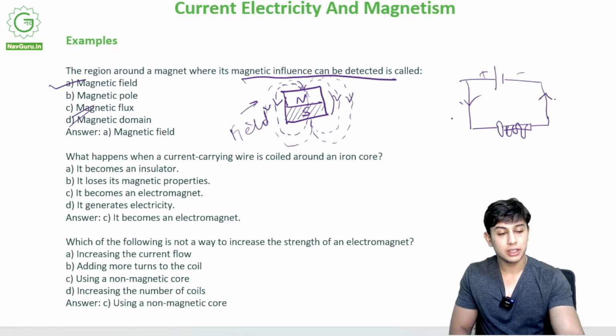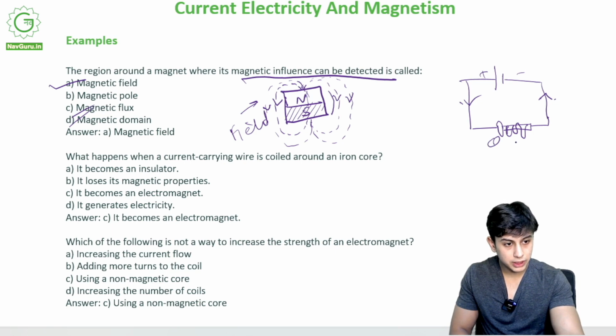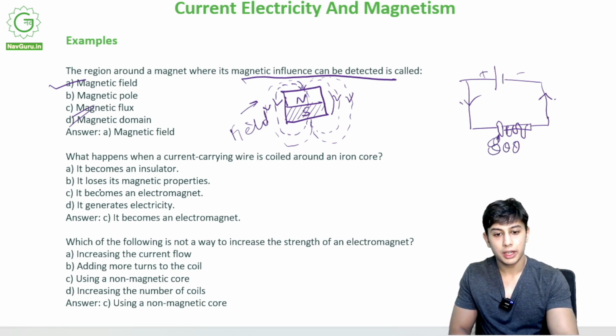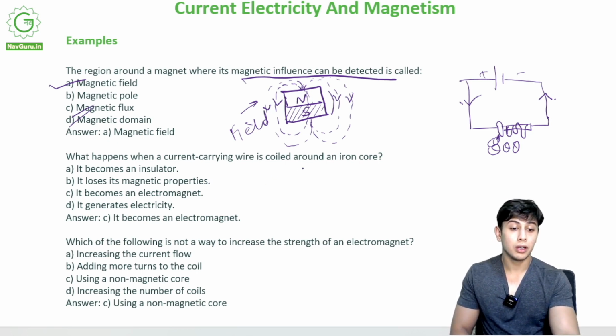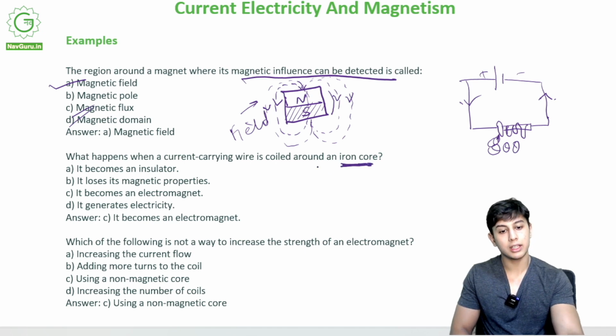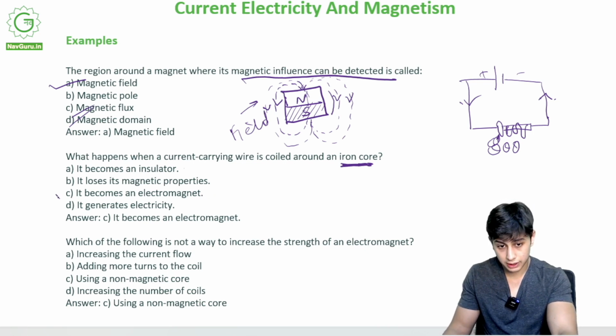If it is around a soft iron core, it will attract pieces of metal towards itself. Whenever we pass electricity to a soft iron core, a magnetic material, it can become an electromagnet. It does not become an insulator, it does not lose its magnetic properties, and it does not generate electricity. It becomes an electromagnet.